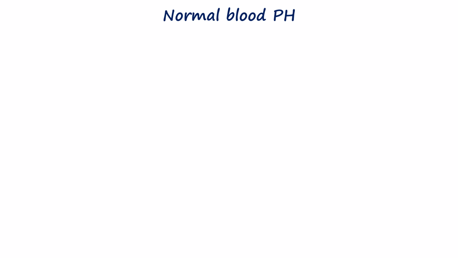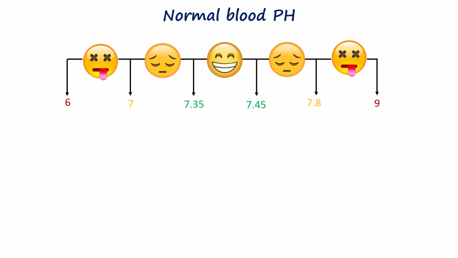The human body maintains a tightly regulated pH balance. Blood pH is normally kept between 7.35 and 7.45, a slightly alkaline range essential for optimal physiological function. When pH drops below 7.35, the condition is called acidemia, indicating an excess of hydrogen ions in the blood.